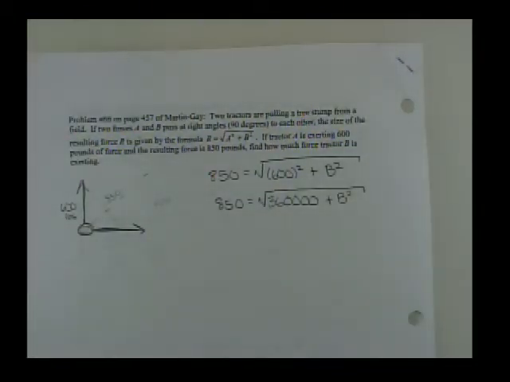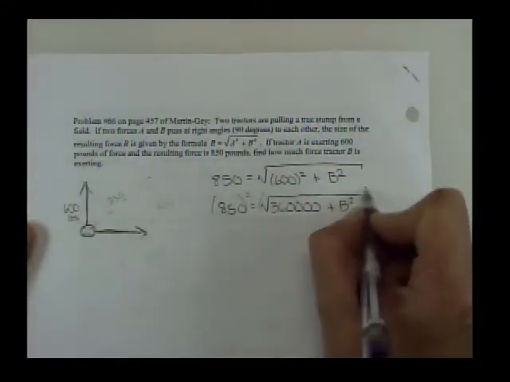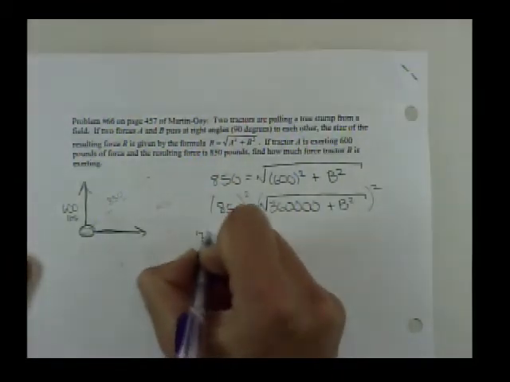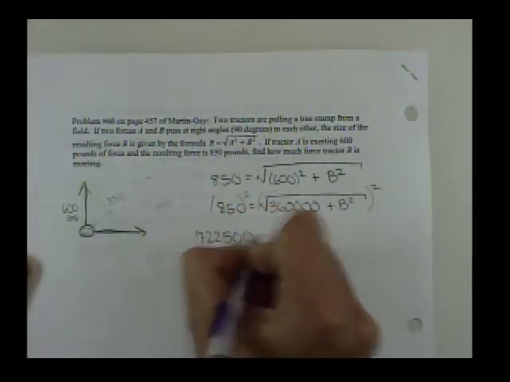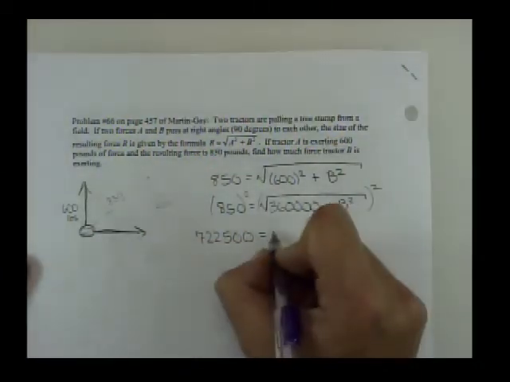So now we have an equation with a radical, and the radical is by itself on the right-hand side, so we're ready to get rid of it, and we raise each side to what power? Yeah, the second. So 850 squared is 722,500, and the square root squared just eliminates the radical.